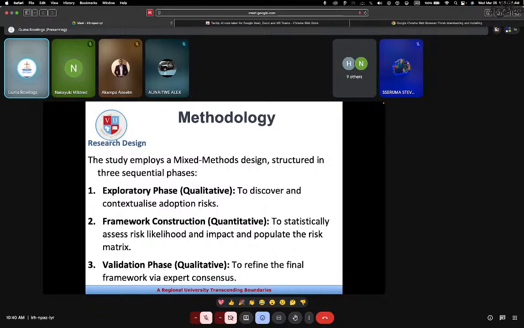Then we have framework construction itself. Here we'll statistically assess risk likelihood and impact and populate the risk matrix. So we're looking at tools using Likert scales to have our clients. It's quantitative, mainly because of the Likert scales, because we'll be trying to quantify the risks that have been identified from the first phase.